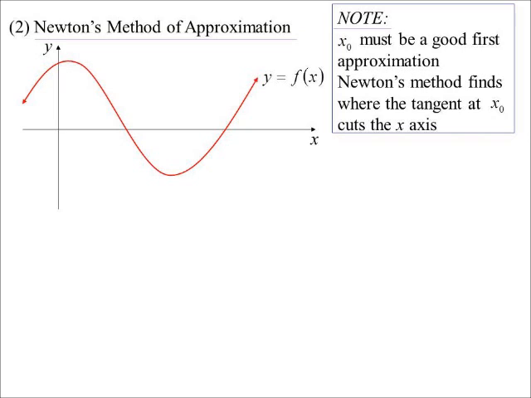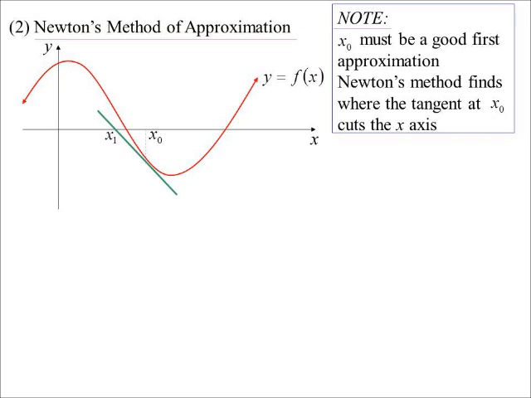So you've got some sort of curve, and say I want to find this solution here, the first one there, that x-intercept, and I estimate it by x0. So what the formula does is it finds where the tangent at x0 cuts the x-axis. Theoretically, that should get closer. If I put x0 in the right spot, the tangent should then get closer to the solution.